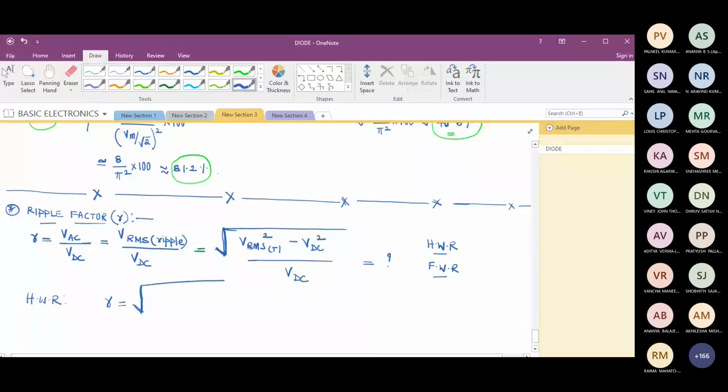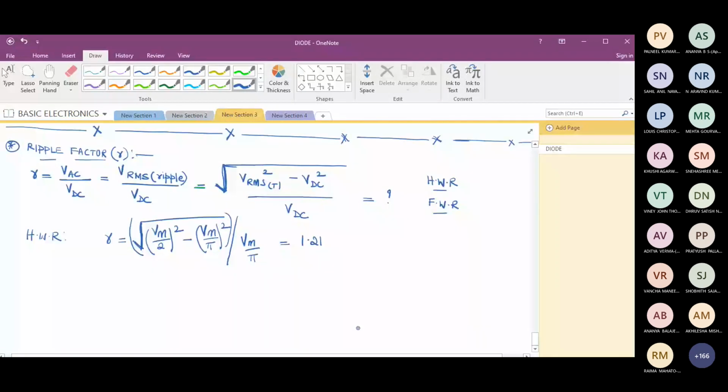Because VRMS for the half wave rectifier is Vm by 2, whole square, minus VDC, which is Vm by pi, if you remember. Then we divide this whole expression by VDC, which again is Vm by pi. If you solve this, you get 1.21.